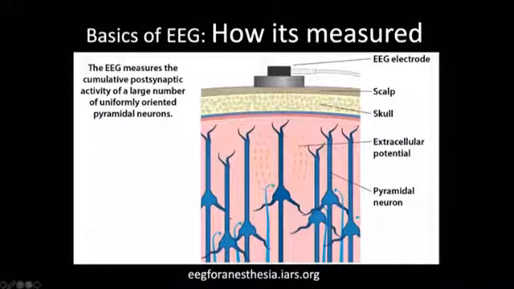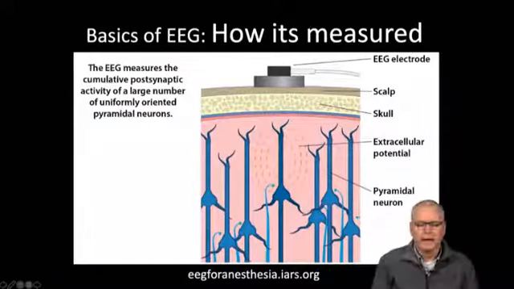So we put a scalp electrode on here, and we've got our axons from our neurons creating their little extracellular potentials. Interestingly, a lot of the pyramidal neurons in the cortex are uniformly oriented perpendicular to the skull, and that allows us to detect them through the skull.